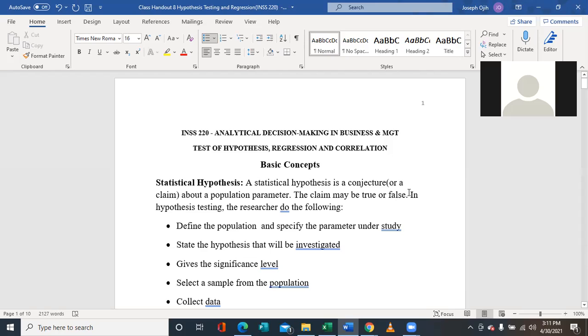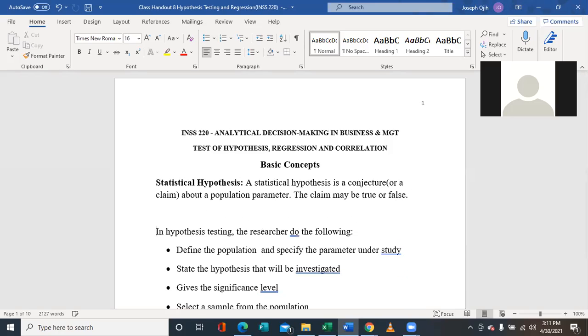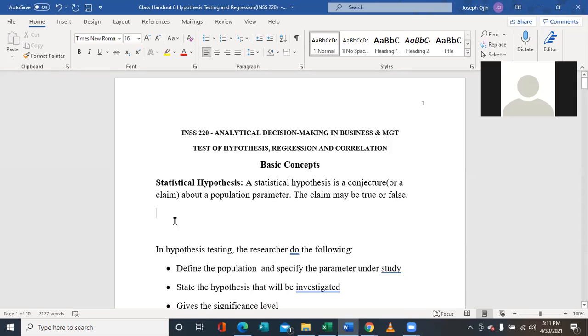When we talk about a population parameter, what we mean is that a parameter is a numerical description of population characteristics.